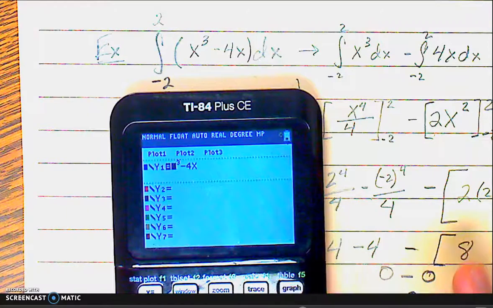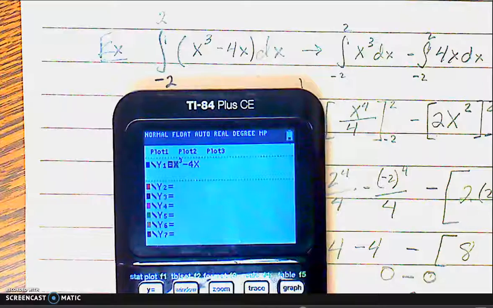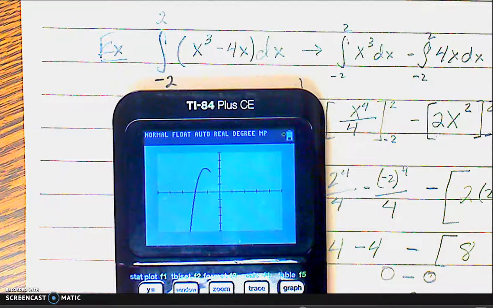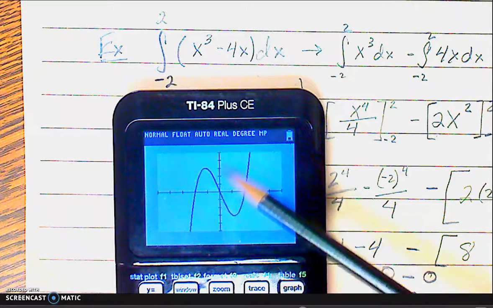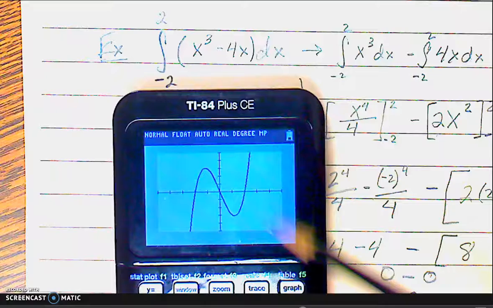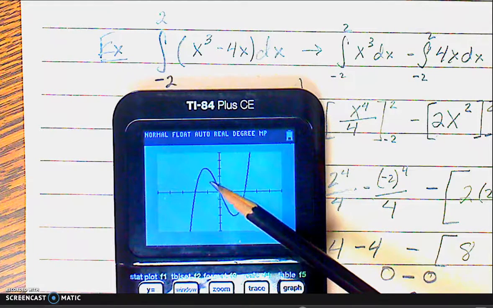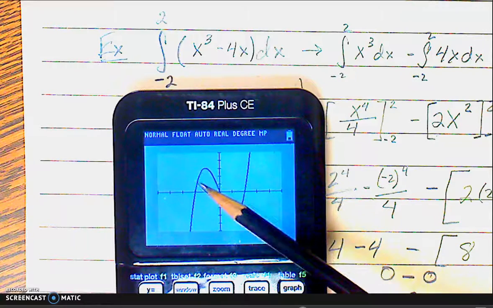Once we get our y equals in and our window set, we can go ahead and graph it and get a good look at it. Now, we talked in class about how area under the curve that is above the x-axis is going to give us a positive value.